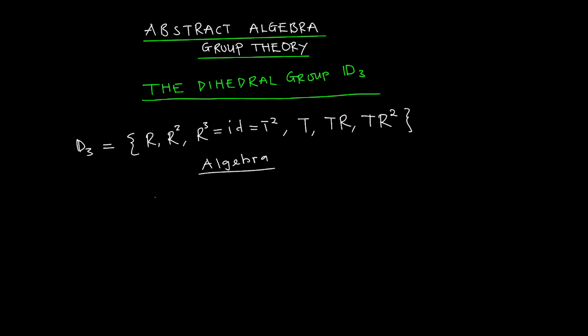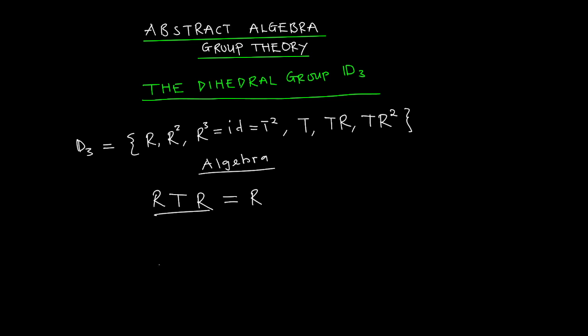We're going to prove that r composed with t composed with r is equal to r. Let's prove this. Now, I'm not going to act it on the triangle. I am just going to use some of the composition laws that we've established before now.